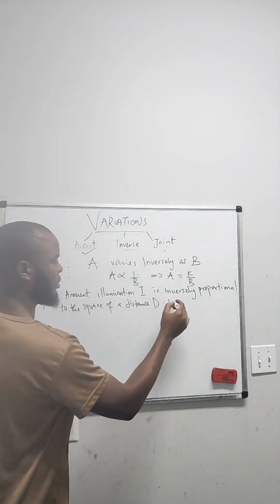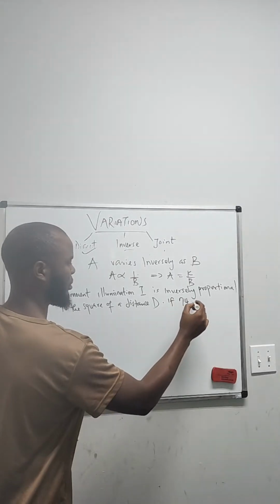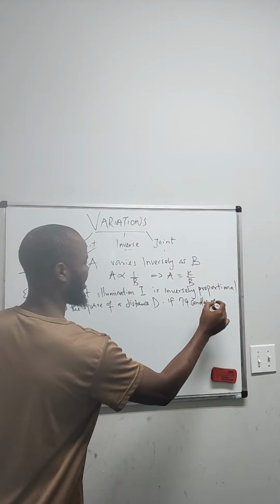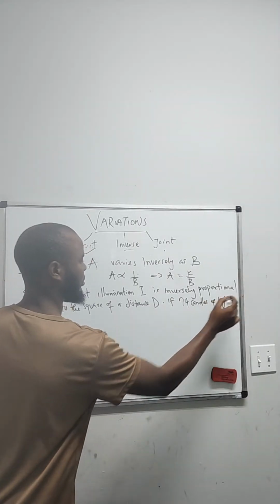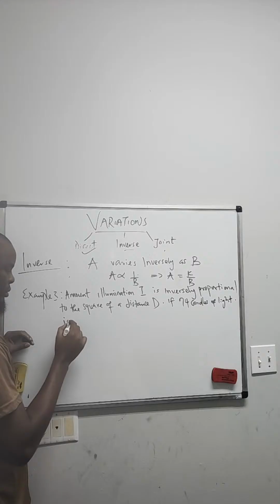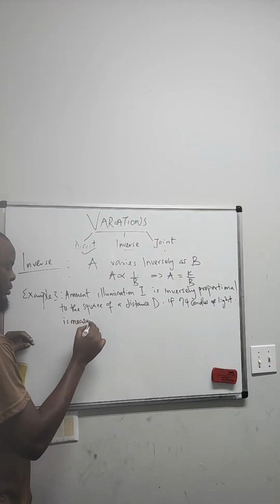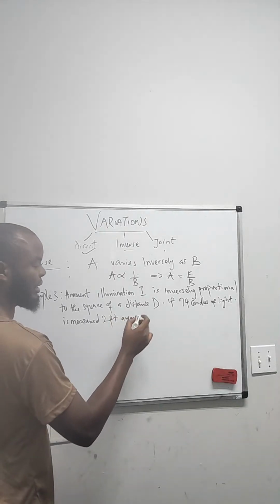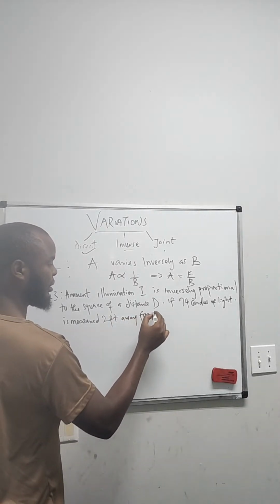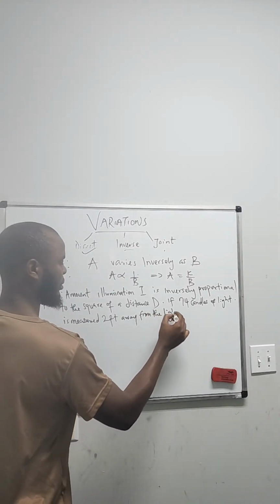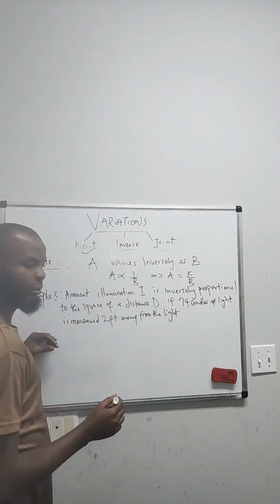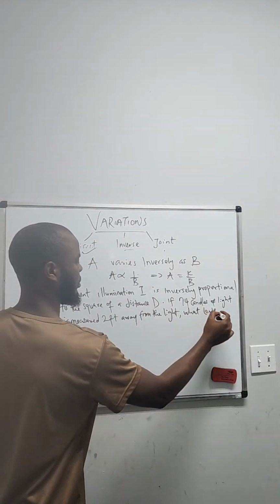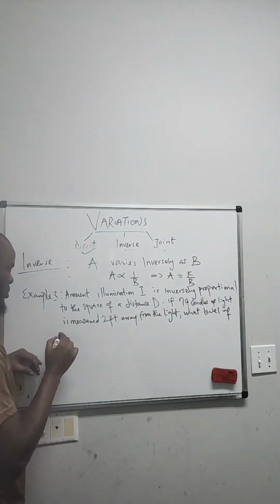If 70-foot candles of illuminating light, it's 74 candles of light, is measured 2 feet away from the lamp. It's measured 2 feet away from the light. What level of illumination might we expect 1/2 foot away from the lamp?